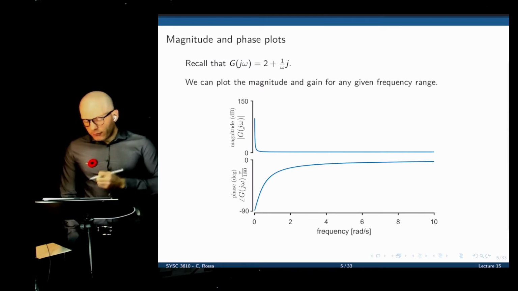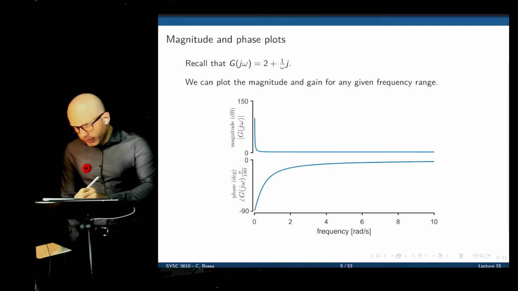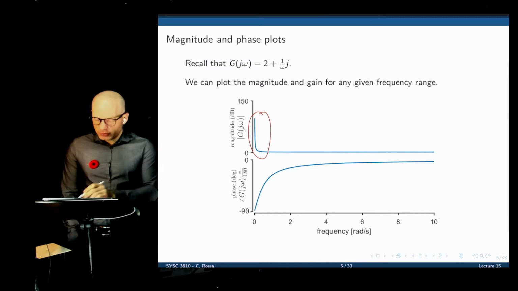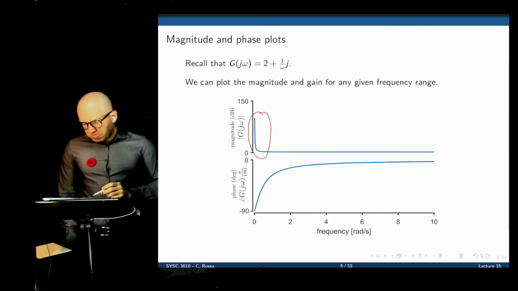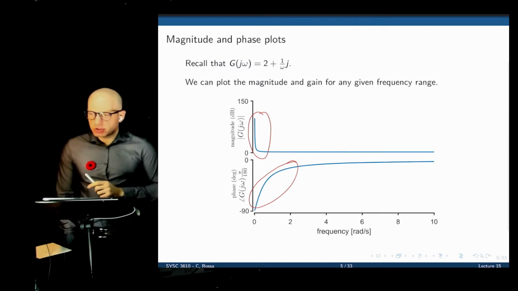If you look at the frequency, when you plot the results, all the information is concentrated in this portion here. Everything else is the same. And same with the phase. We have a phase shift that occurs here, and then everything else is pretty much the same.